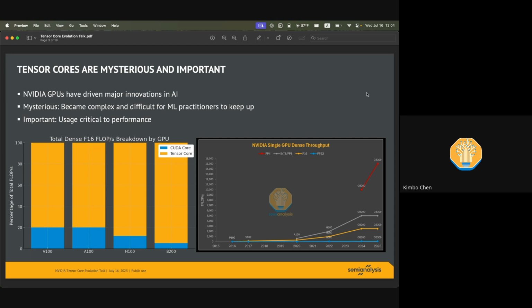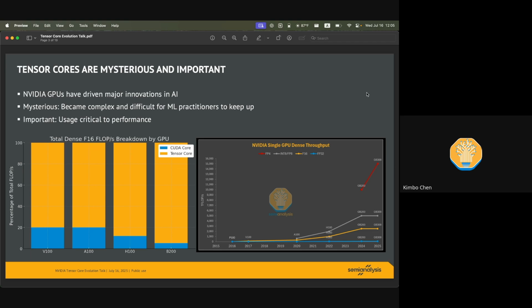But as tensor core architecture becomes more and more complex, it is difficult for ML practitioners to keep up with the latest changes and the reason behind those architectural changes. So to practitioners, tensor cores became a mysterious black box. But I believe understanding tensor cores is important because of how critical they are to performance.